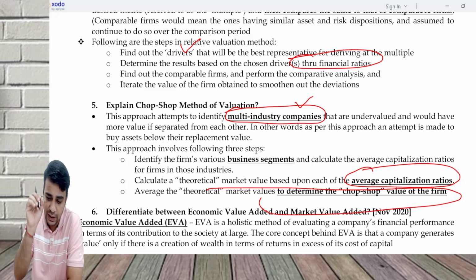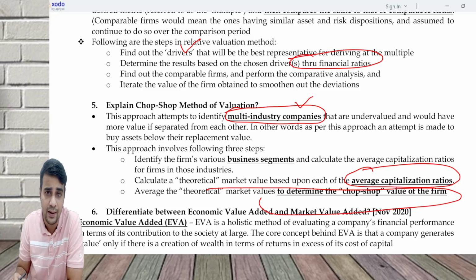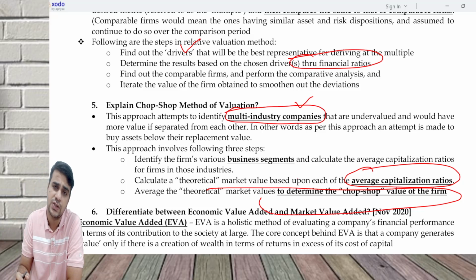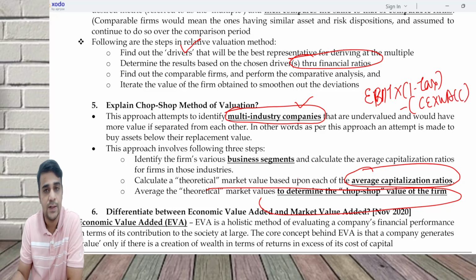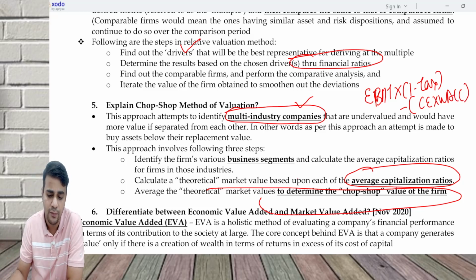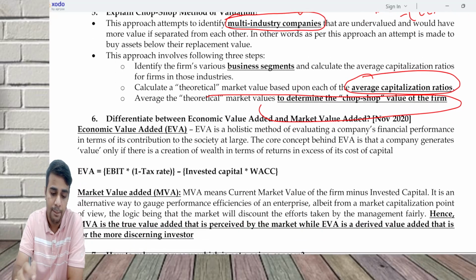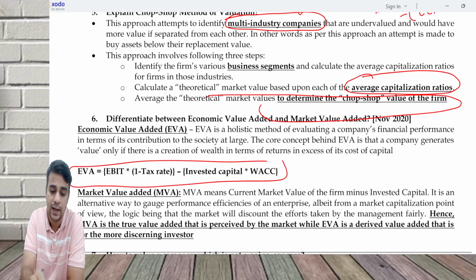So you first meet the cost of capital, and if along with that, or in excess of that, you are generating a return, that's called economic value added, which can be positive or negative. We had a formula which is EBIT into 1 minus tax rate minus capital employed into WACC. There are a lot of adjustments which can happen on economic value added. We have seen this in problems. So EBIT into 1 minus tax rate minus invested capital into WACC.